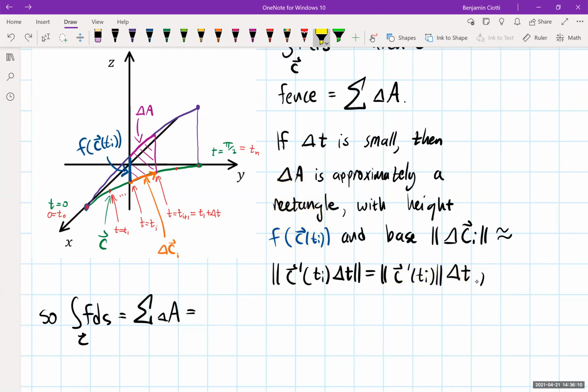So with those approximations, the area of each fence board is approximately f of c of ti times the width of the base, the length of the base.